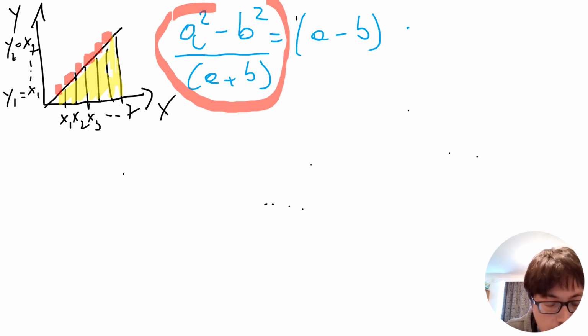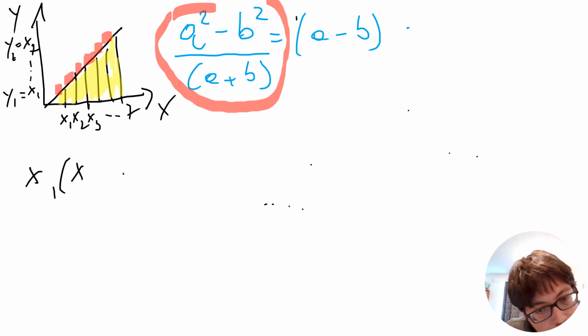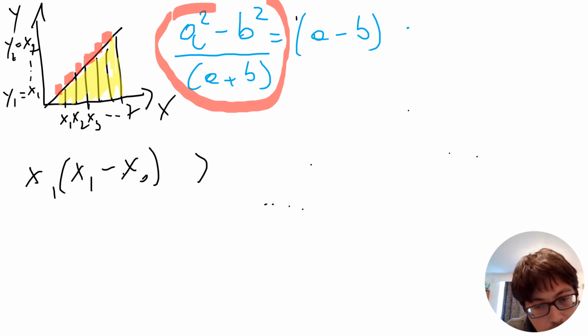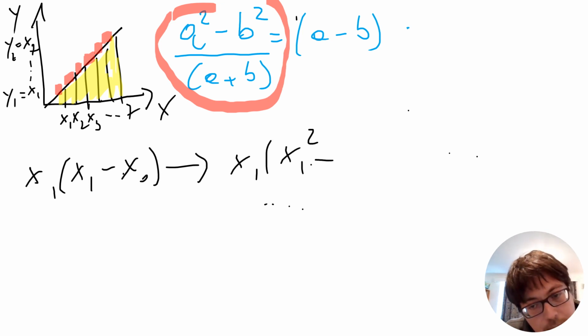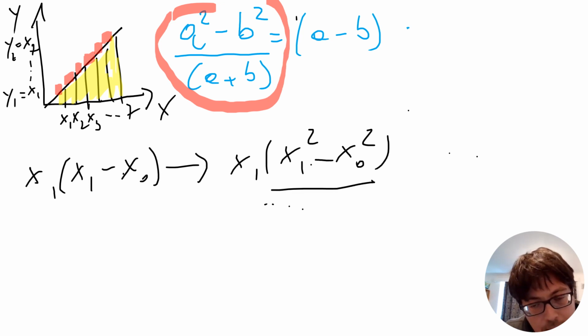Okay, so where were we? We have x1 minus x0, which becomes, using this formula, x1 square minus x0 square divided by x1 plus x0. Okay.